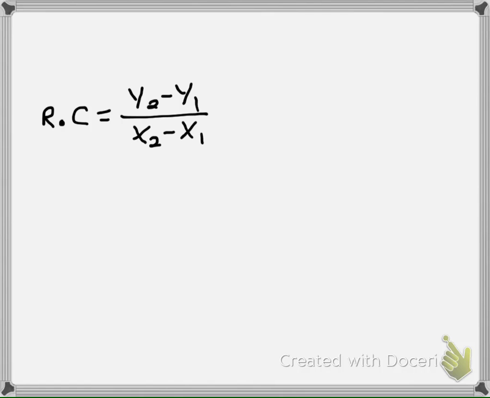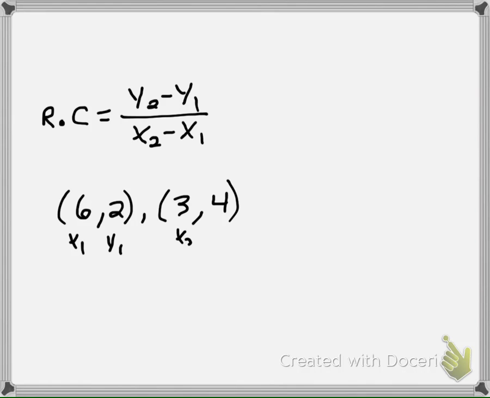So if I have 2 points, let's say 6, 2 and 3, 4. Okay, then I can call this one x1 and y1, and I can call this one x2 and y2.